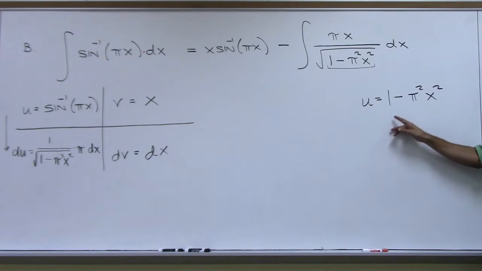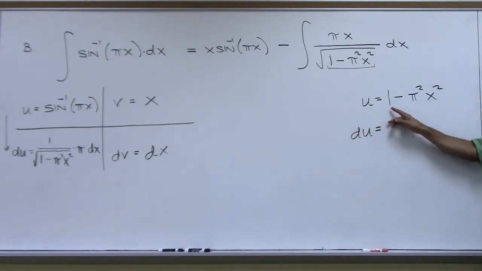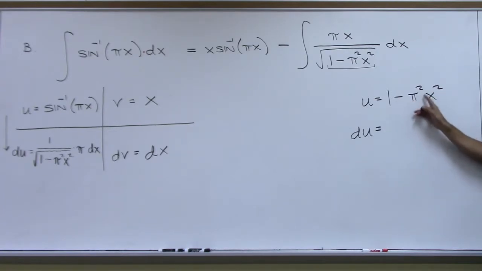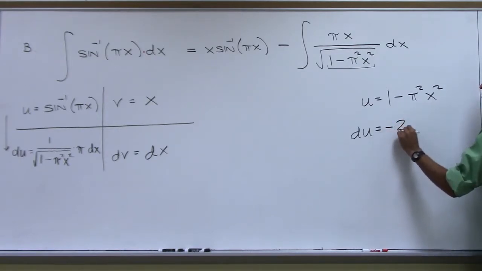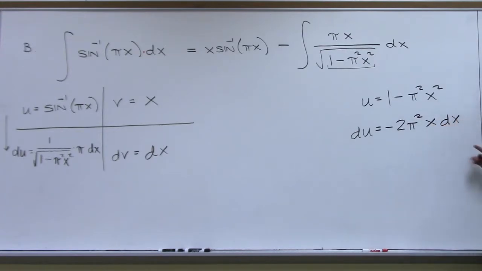What's the derivative of this? So derivative of 1 is 0. Minus pi squared is a constant, right? So what's the derivative of x squared? 2x. But I have a pi squared there and a negative. So I could put what? Negative 2 pi squared x dx. That would be my du, wouldn't it?